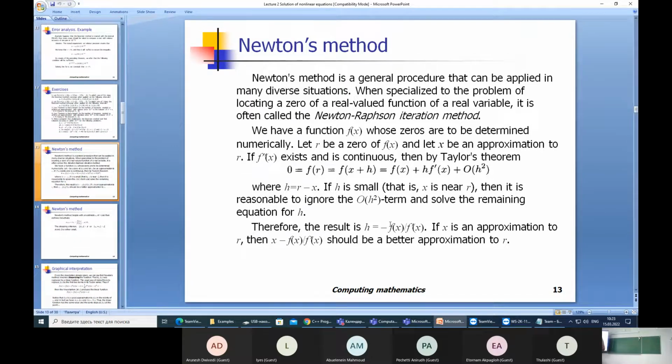Newton's method is a very general method that can be applied in many situations. And here we consider the application of the Newton method to the problem of finding the zero value of a function.